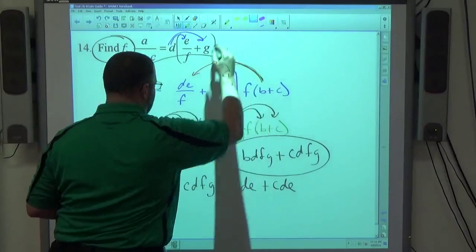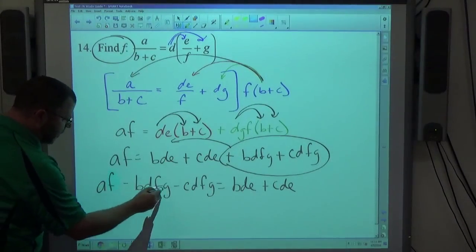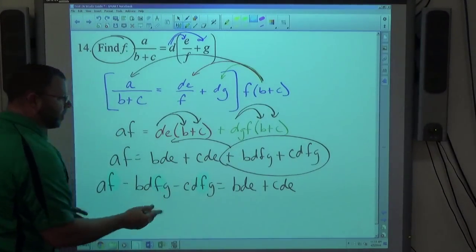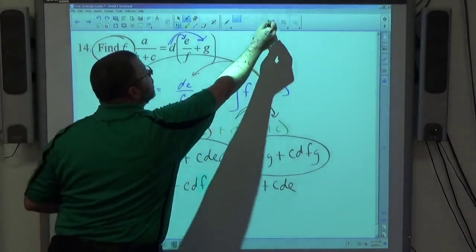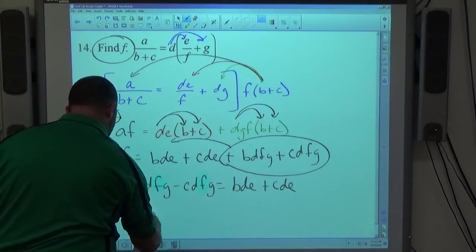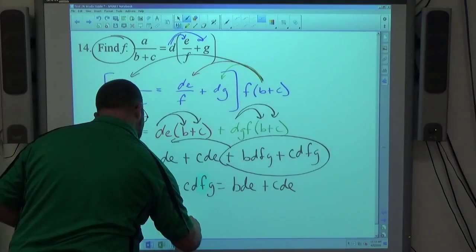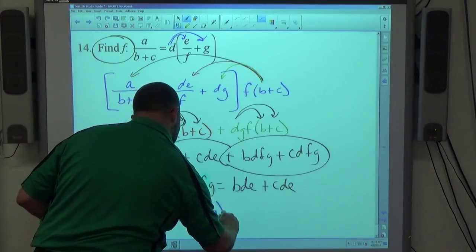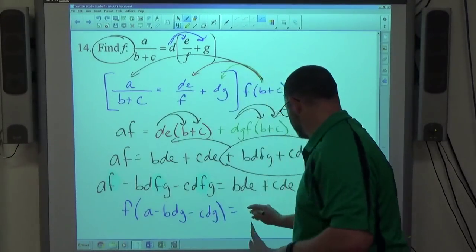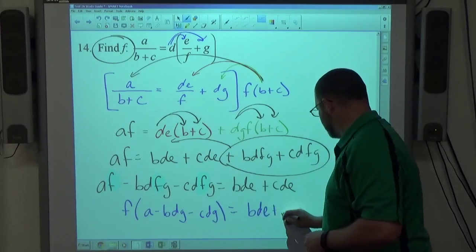And by moving that over to the left, f is in this term, f is in this term, f is in this term. Common factor of f can be pulled out. We factor that out. f times A minus BDG minus CDG is equal to, this side stays as is, BDE plus CDE.